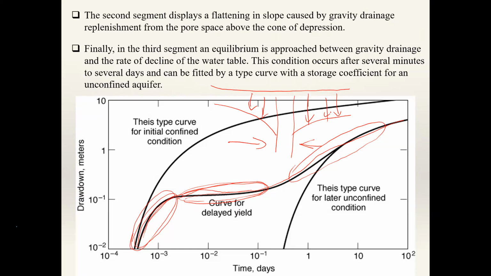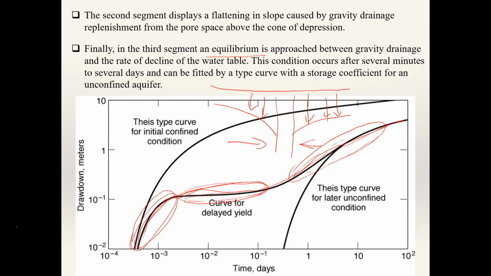So there are two sources of water now. Therefore, for that particular pumping rate, the drawdown becomes insignificant. After that, an equilibrium is approached between the gravity drainage and the rate of decline of the water. Then again, it starts increasing.